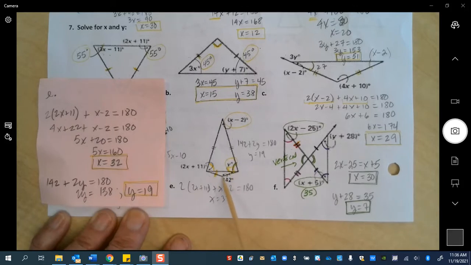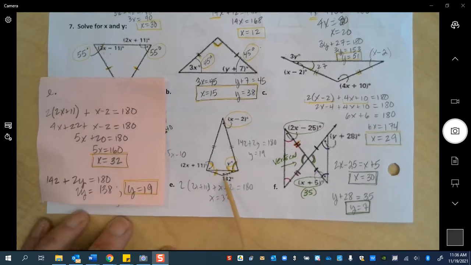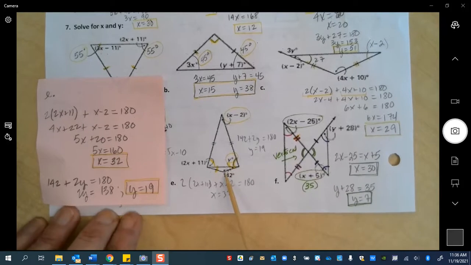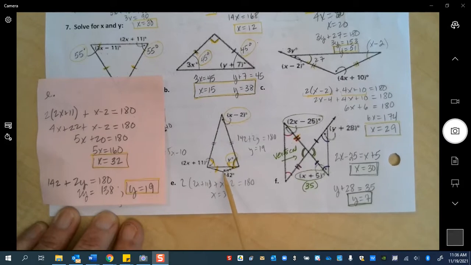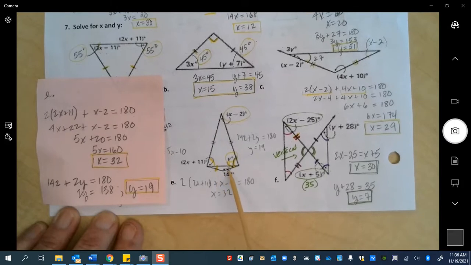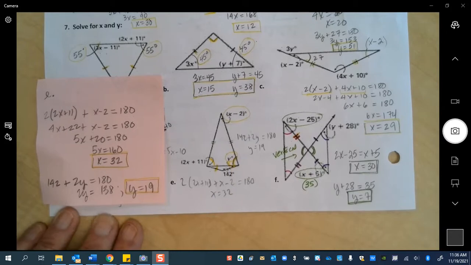So this conversation in this little triangle is actually completely separate than this upper triangle. I'm just going to do the same thing. 142 plus y is equal to 180. So solving this lower triangle has nothing to do with this upper one. They're just two separate ideas.